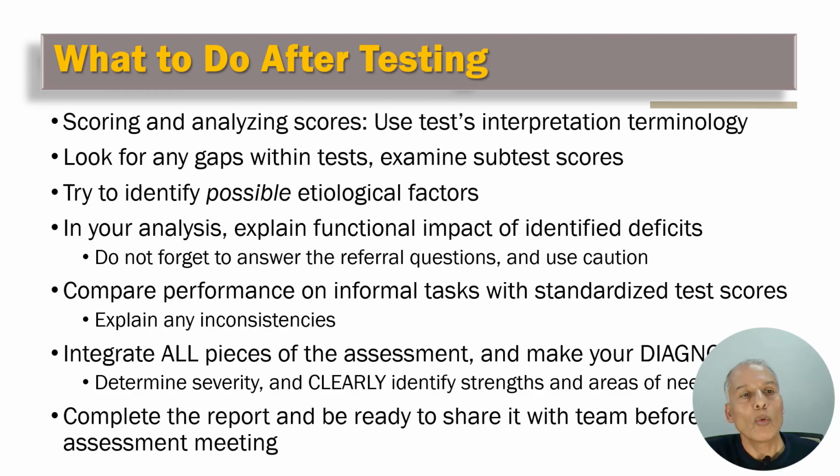Maybe the background history will show you that this child, no one reads to him or her. Maybe they come from an environment that doesn't have enrichment, where the child is deprived of opportunities. And then we try to analyze and explain the impact on functional performance. We need to keep in mind at the end, what are the questions that were raised at the beginning? Am I going to be able to go to the assessment meeting and say, this is the answer?